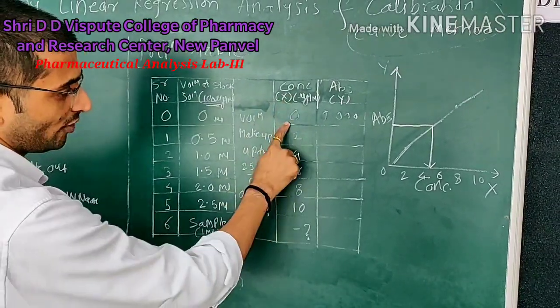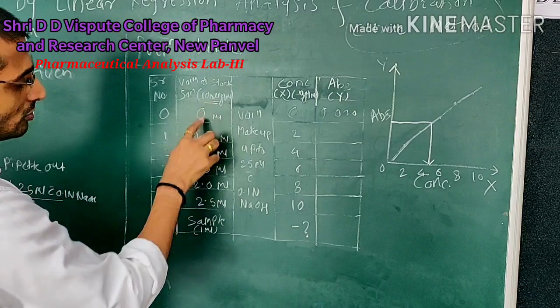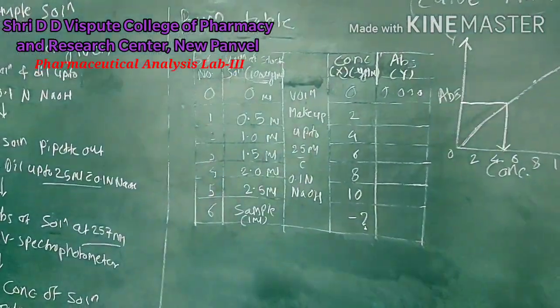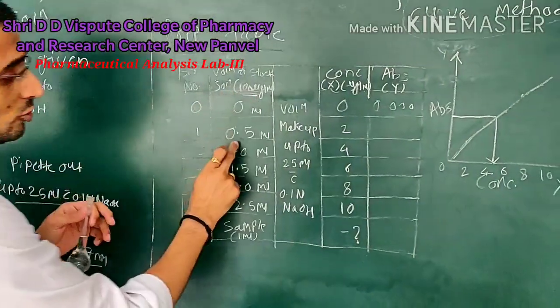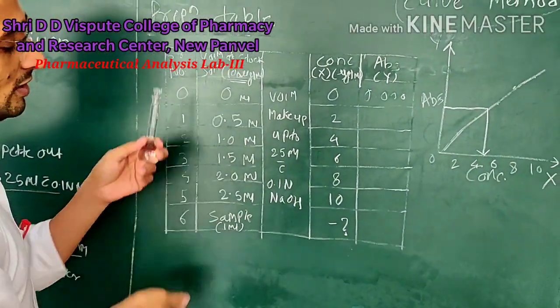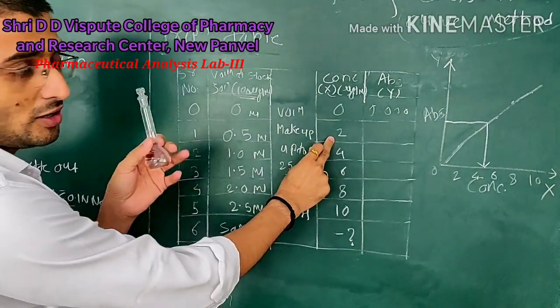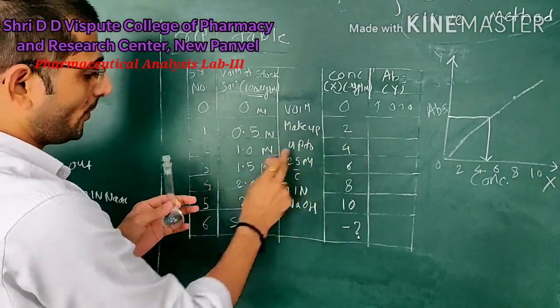This is your first. Then pipette out 0.5 ml of the 100 microgram per ml solution and dilute up to 25 ml. So the concentration becomes 2 microgram per ml or 2 ppm.